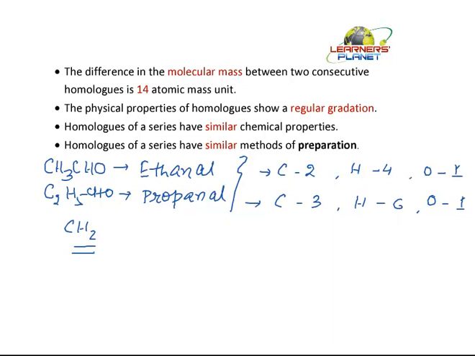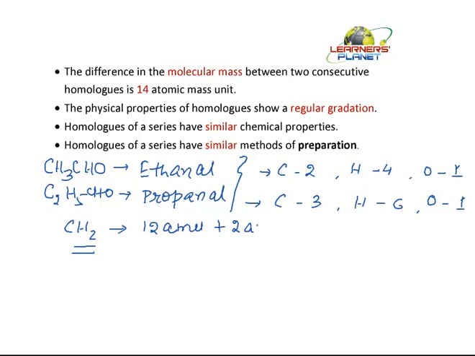Now, what will be the difference in their atomic masses? What is the atomic mass of CH2? C is 12. We normally write atomic masses as AMU, atomic mass units. So this is 12 AMU. Now this plus hydrogen, what is the atomic mass of hydrogen? 1. So 2 hydrogen atoms would be 2.